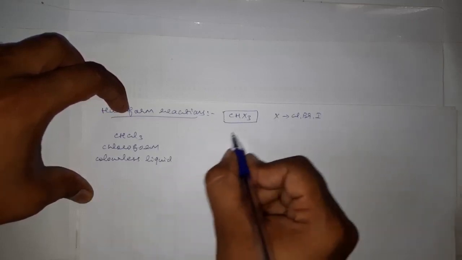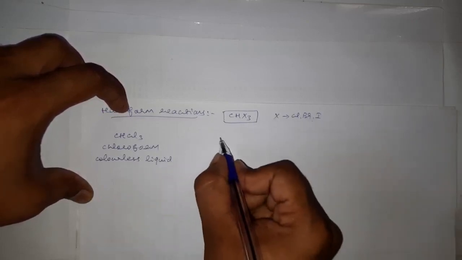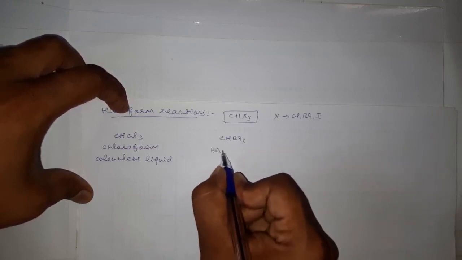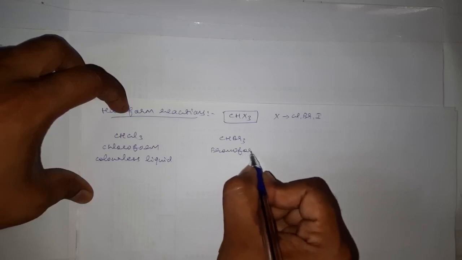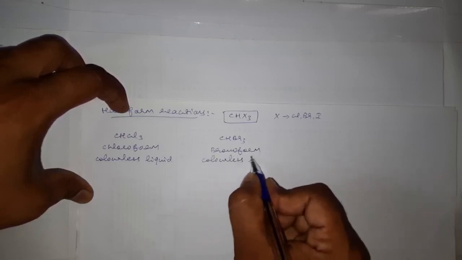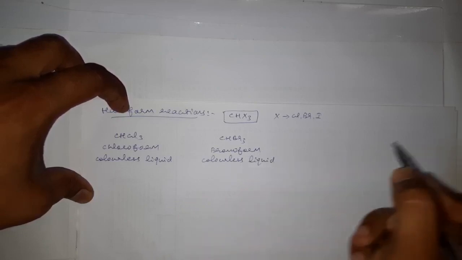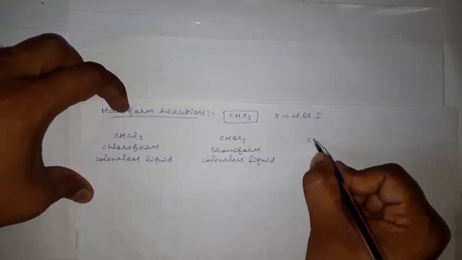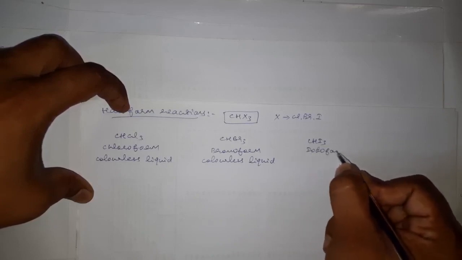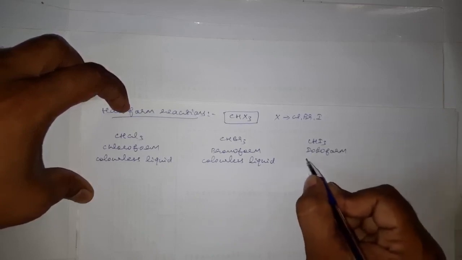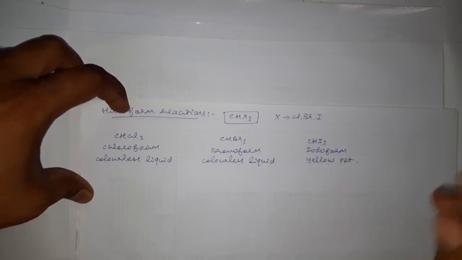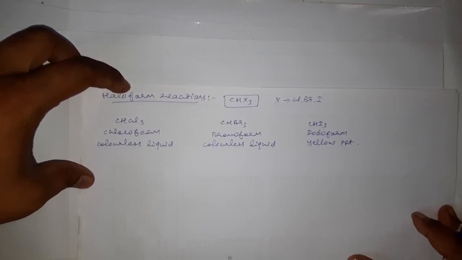If it is Br, then it is CHBr3, that is bromoform. This is also a colorless liquid. If it is iodine, then it is CHI3, that is iodoform, and it is a yellow colored precipitate.